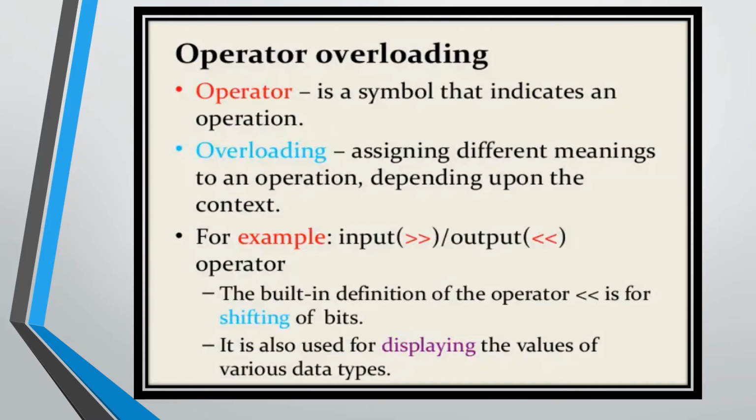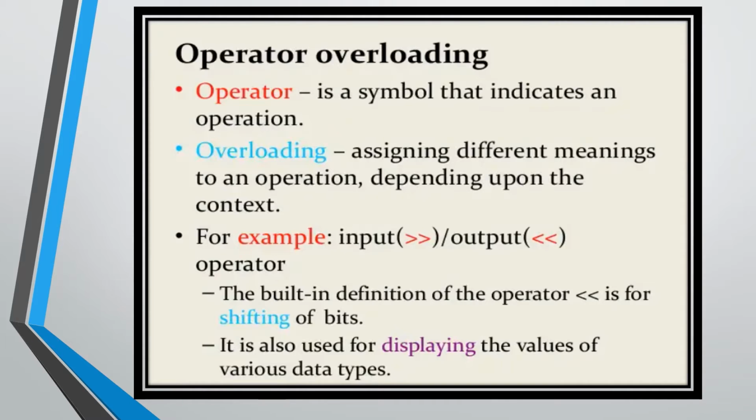For example, here two operators are there, the input operator and the output operator. Now when we consider the output operator as a built-in type, the definition of this operator will be the shifting of bits. Means the operation of this output operator for built-in data types is shifting of bits.